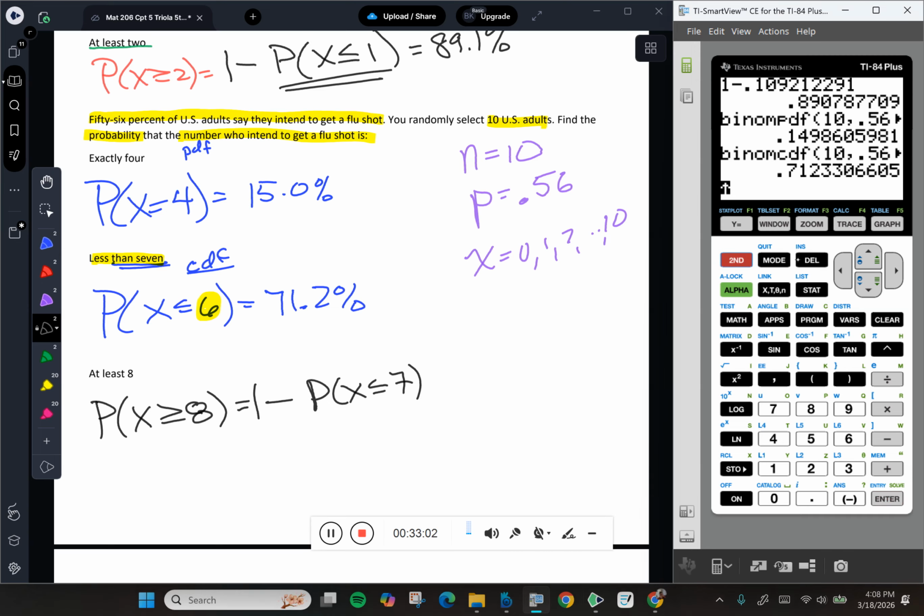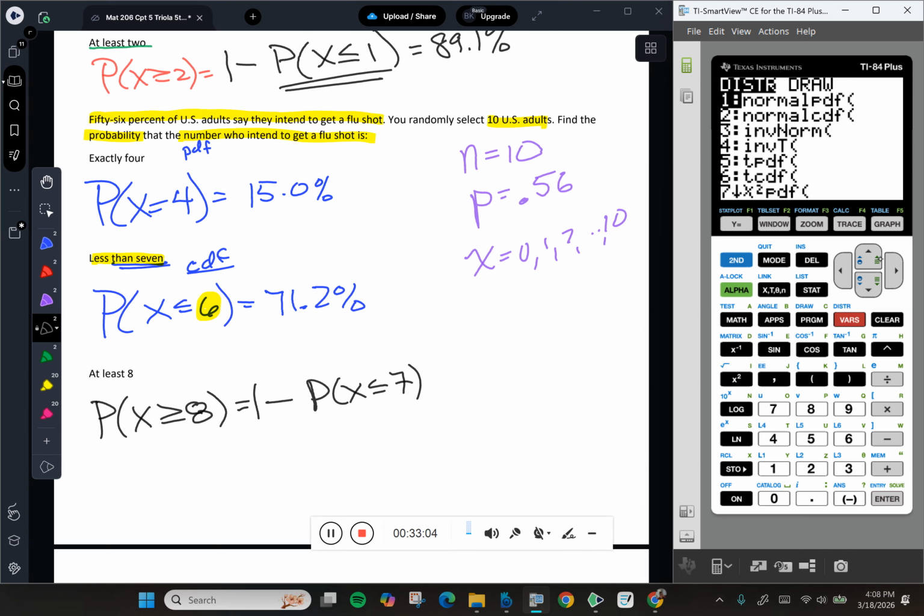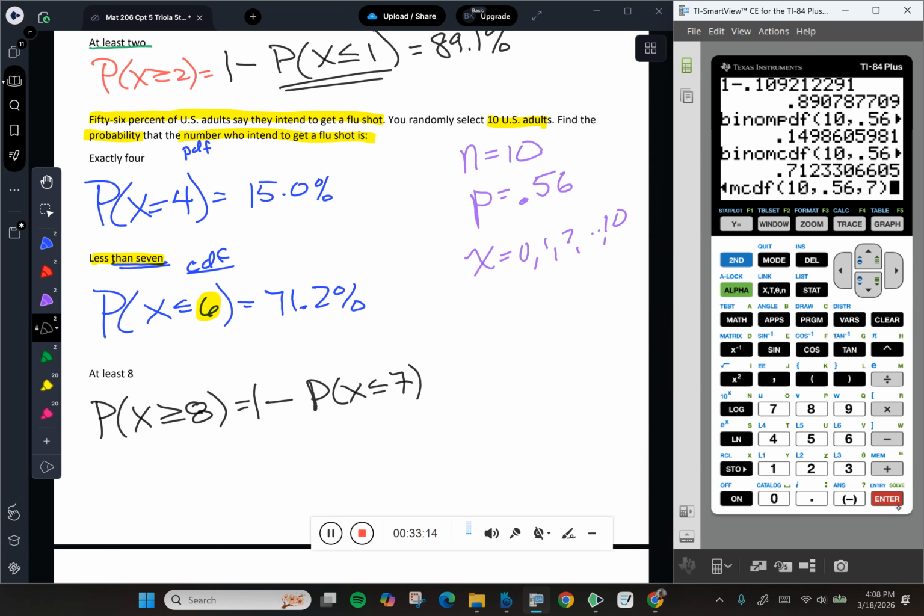Back to my distribution menu, back to binomial CDF, change that value to a 7, 10, 0.56, 7, 1 minus that, and I get 11.1%.